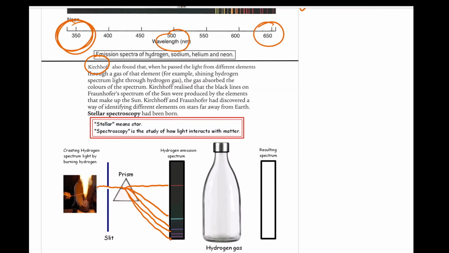And then if you were to pass those specific wavelengths of light through hydrogen gas, and this bottle contains hydrogen gas, all of those wavelengths of light would be absorbed and redirected in other directions. Effectively, none of the light would get through. So the resulting spectrum that you would see is nothing. None of those wavelengths of light would get through.